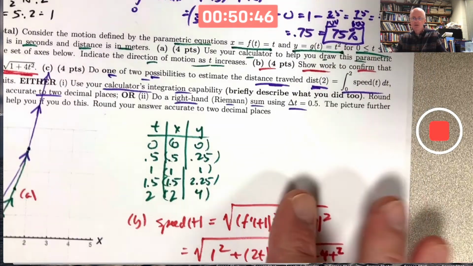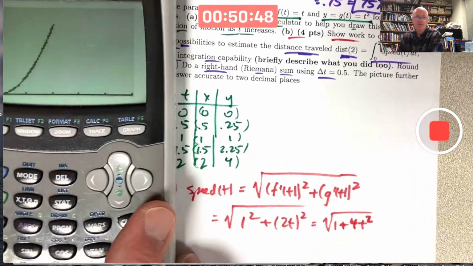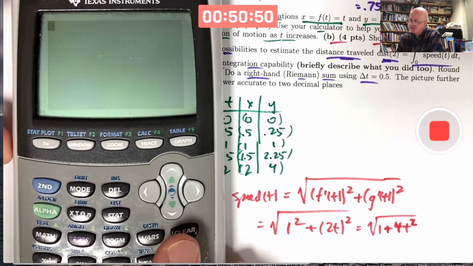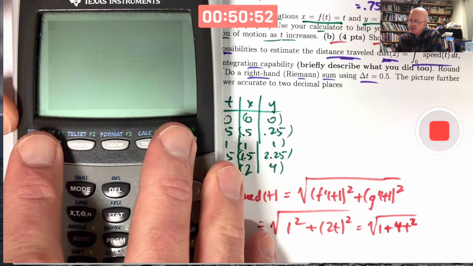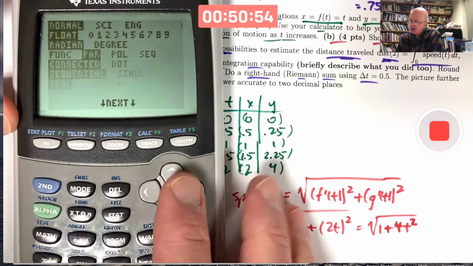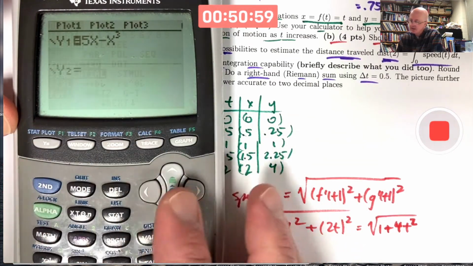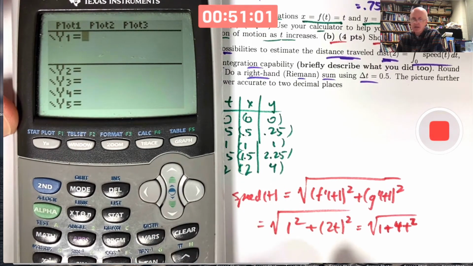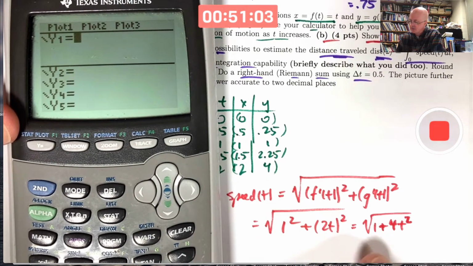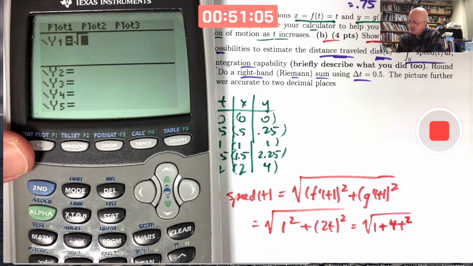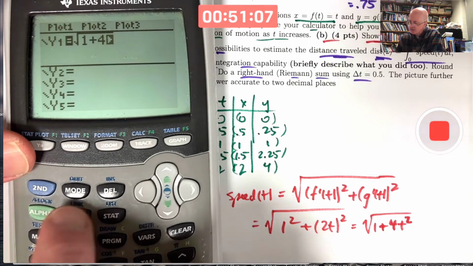So first thing I'm going to do is go back to regular function mode. So go to my mode, go back to function, because I need to integrate a function. That's why I'm doing this. And the function I want to integrate is the square root of 1 plus 4t squared, which of course I've got to type now with an x in there. 1 plus 4x squared.